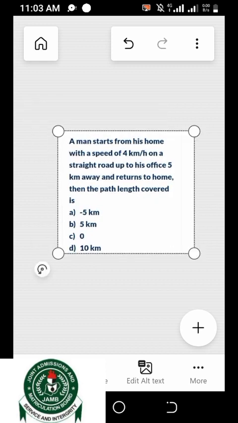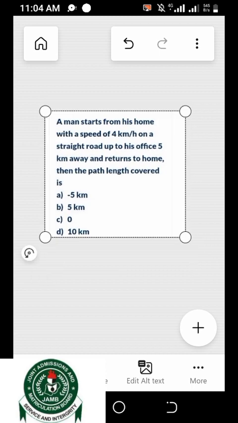Say a man starts from his home with a speed of 45 kilometers per hour on a straight road. His office is 45 meters away from home. They have given us his distance, right?